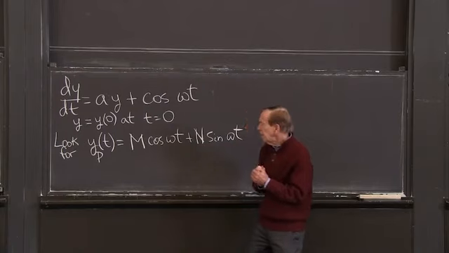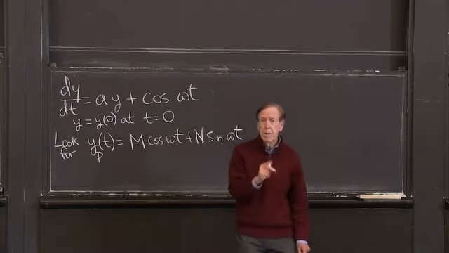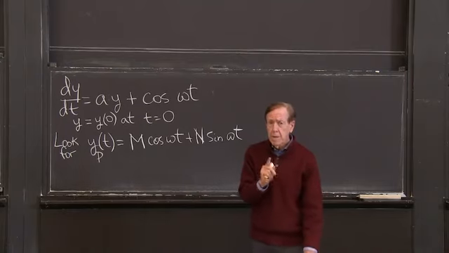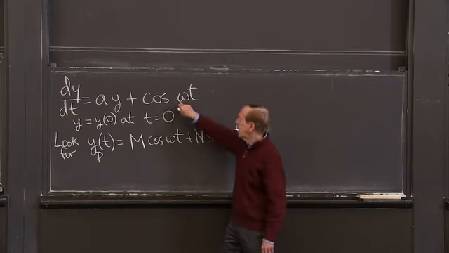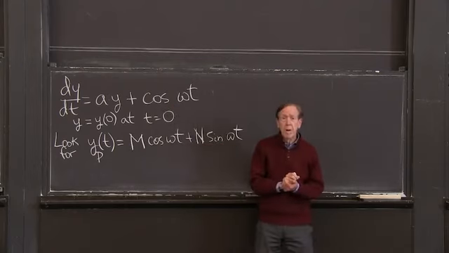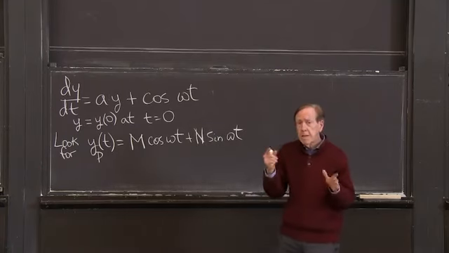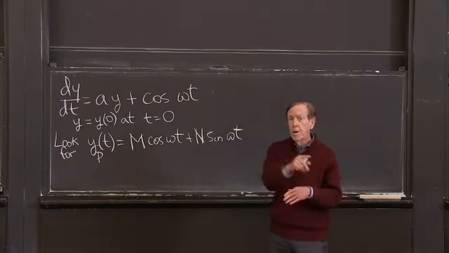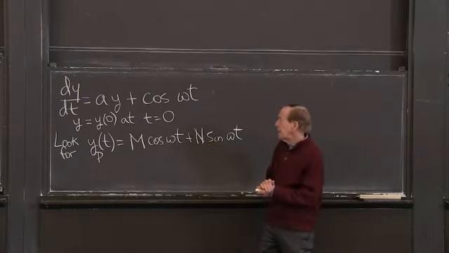Okay, so here's the point. Again, I'm looking for a particular solution. It would be nice if we could say the particular solution was just some multiple of the cosine. But that won't work. So that makes this problem one step harder than the exponential. We need to allow the sines in there.